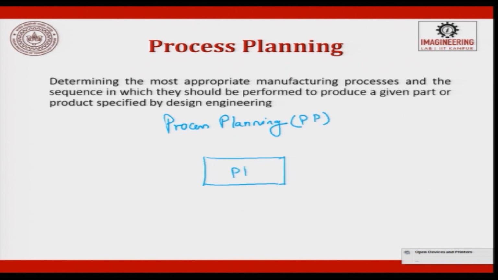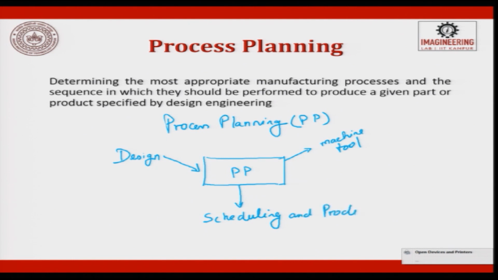So, process plan gets input from design and then also looks at machine tool and it also looks at scheduling and production control.